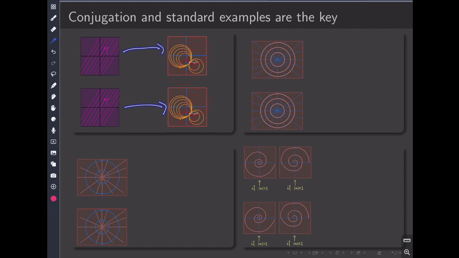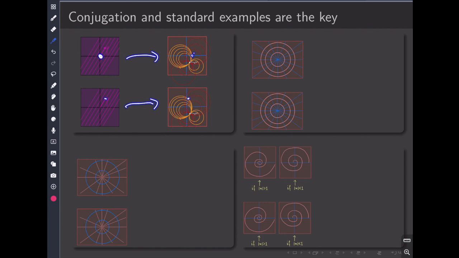Yeah. So for instance, for translations, as you are seeing here, what I mean by this picture is that if you take a point here, then you translate it, and then you send it through the conjugating transformation, and this means that whatever point corresponds to this one has to be sent to another point.